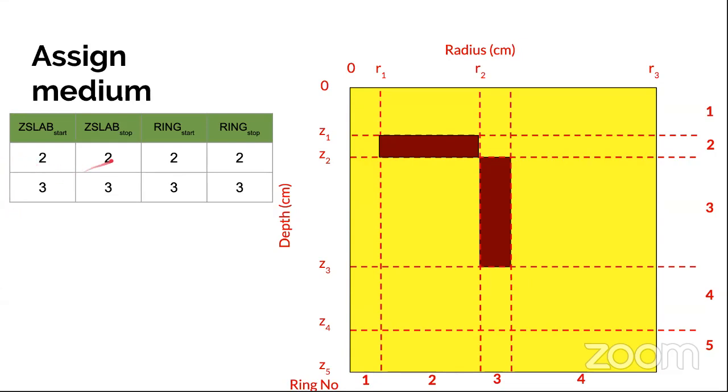So the first statement, I'm assigning water to the region 2222, which is going to assign the medium water to this region or this zone. And then 3333 is going to assign it to this one. Okay. One thing you have to be careful of is that the assignment of medium is always sequential.